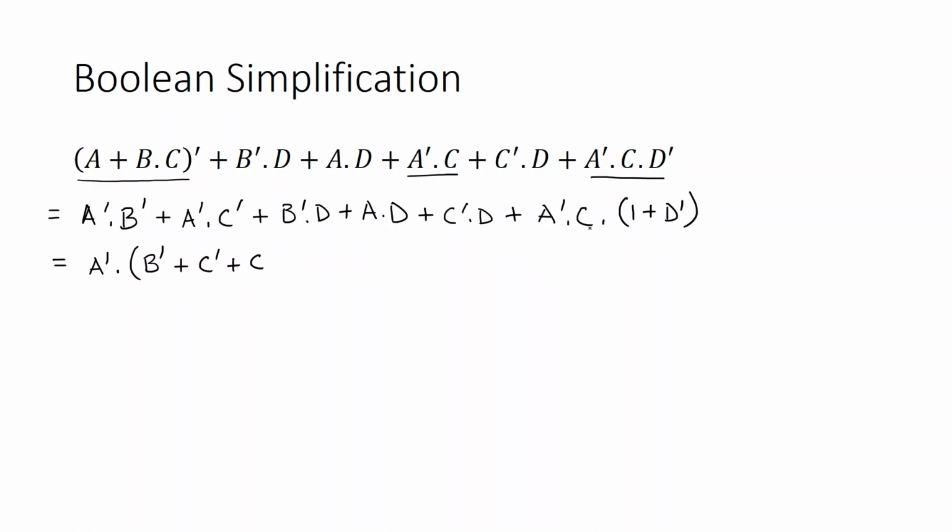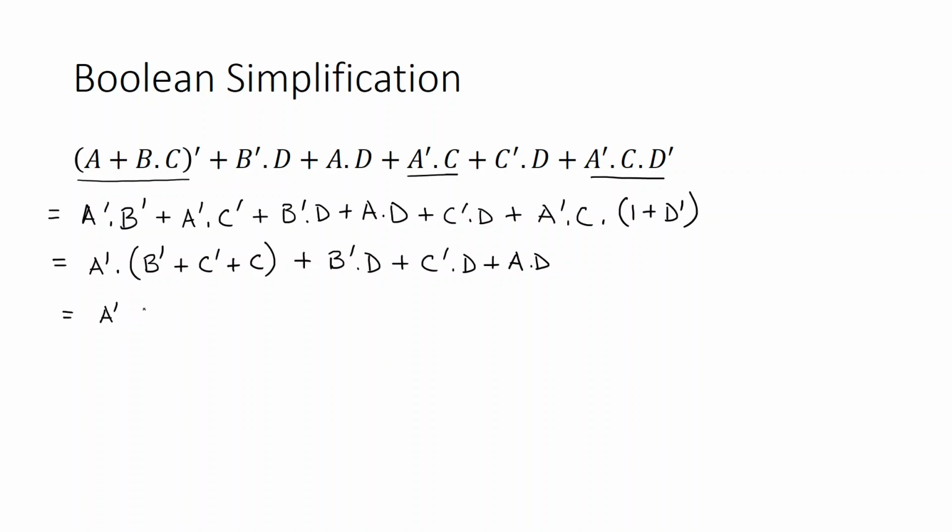This had already become 1. So we have A'B', A'C', A'C, like this. Then I have B'D plus C'D plus AD. So all these terms I am noting down. Now this C' or C combines to give 1, so this becomes A'.